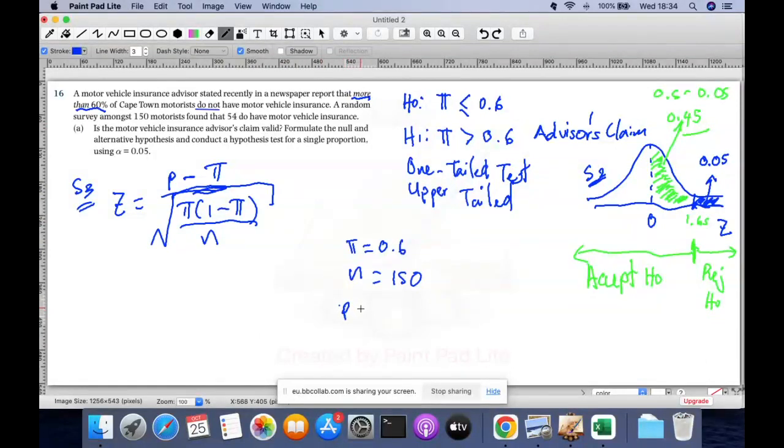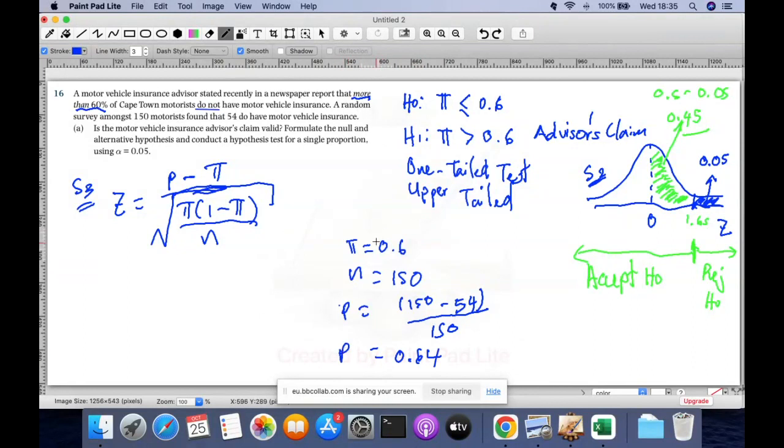So your P is actually the number that don't have insurance. So it's 150 minus 54 all over the total, which is 150, and you get a value of, I believe, 0.64.